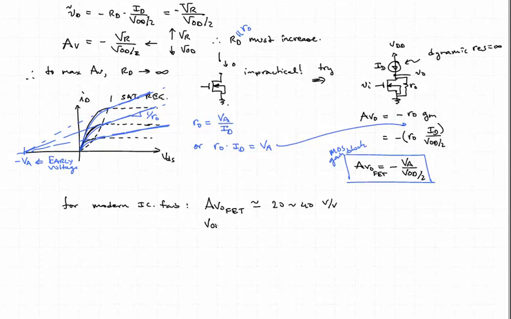And the overdrive, typical overdrive voltages are in the range of 0.15 to 0.3 volts. So we can't achieve really high gains with modern IC fabricated MOSFETs.